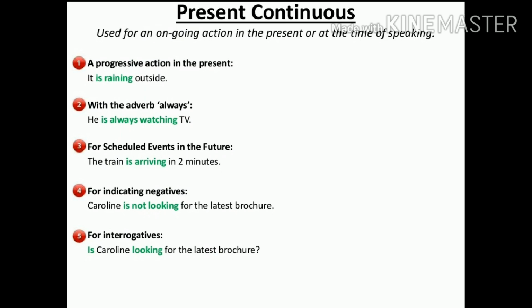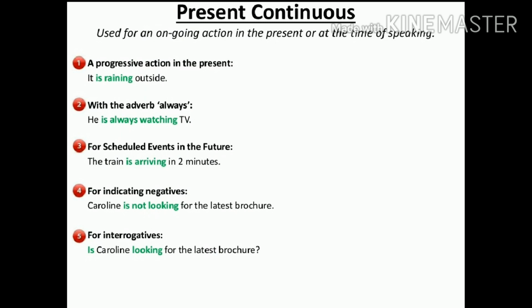And second, when we are talking about present continuous, we are talking about the verb in its ing form. So the ing form of the verb indicates present continuous tense. Right?